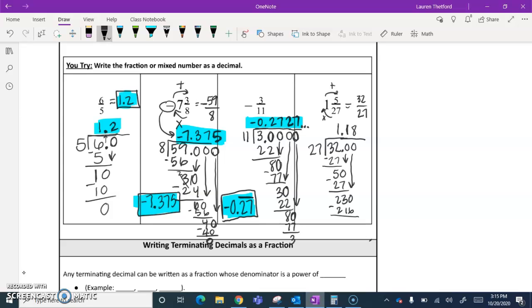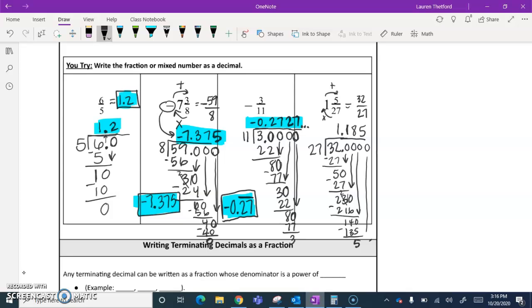When I subtract that, I get 14. 27 does not go into 14, but it does go into 140. And it goes into that 5 times, and that gives me 135. When I subtract, I get a 5.